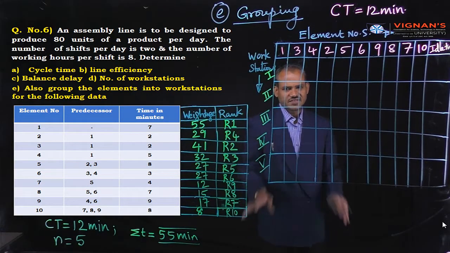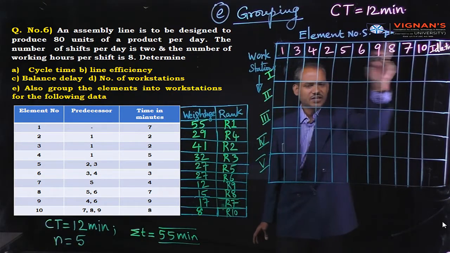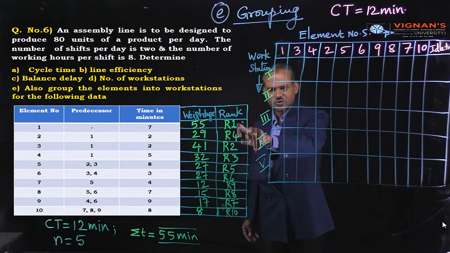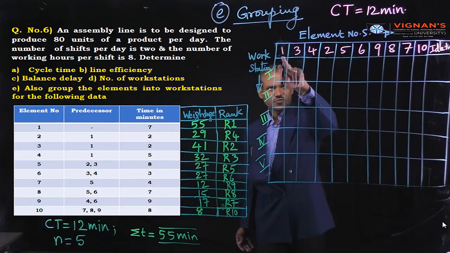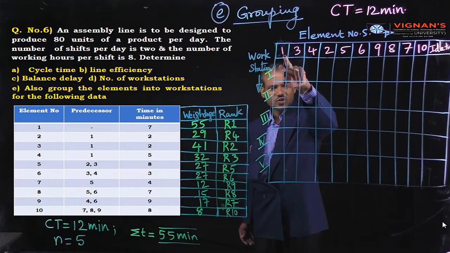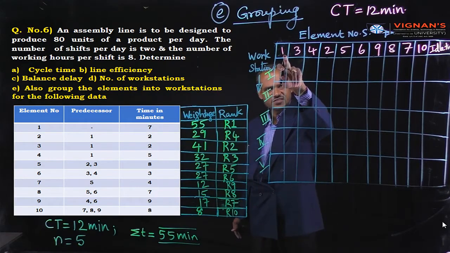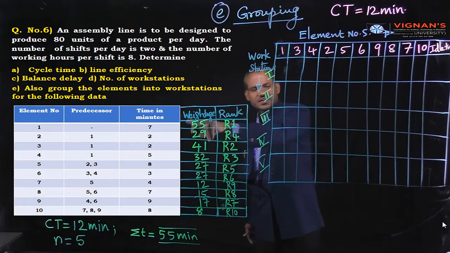There is some relationship between this rank and the element number order. Here rank 1 is assigned to element number 1. Therefore I have written 1. First rank is assigned to element number 1.